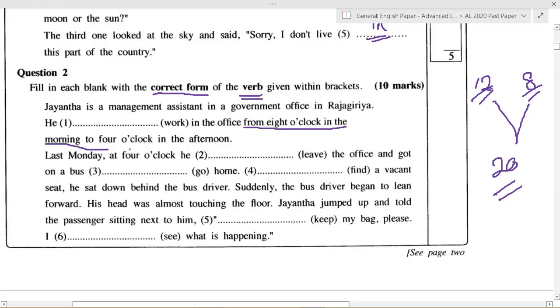He works from 8 in the morning to 4 in the afternoon, which means this is something that he does regularly, as a practice, as a habit. This is a simple present tense sentence. Simple present. Then we keep the verb in the present form.